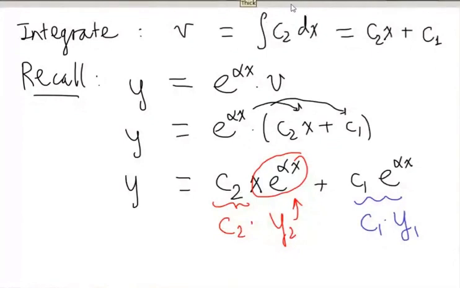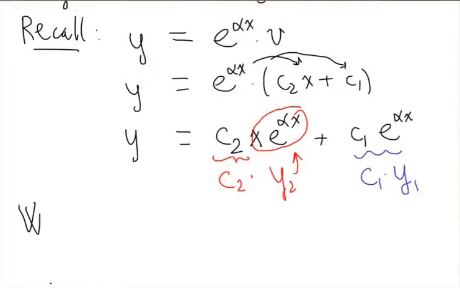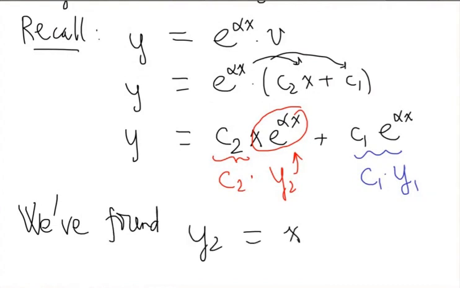So by introducing the new unknown v, we have found the second solution. Y2 should be x e to the alpha x, which I mentioned in the previous lecture. Y1 and y2 are linearly independent because if you take the ratio, then you get x, which is not a constant.